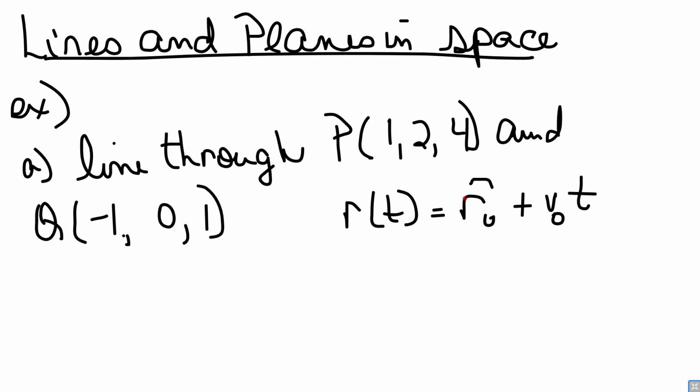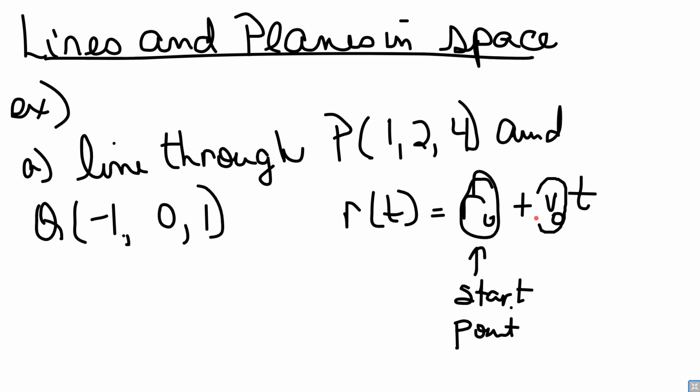R sub 0 is basically our start point. V sub 0 is going to represent our slope. So the first thing we're going to do is find V sub 0, which is our slope.